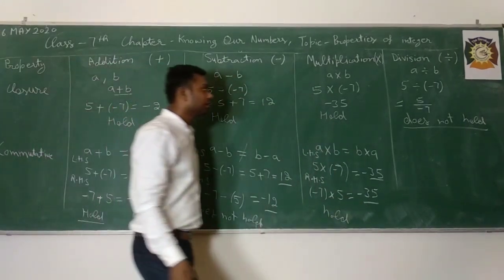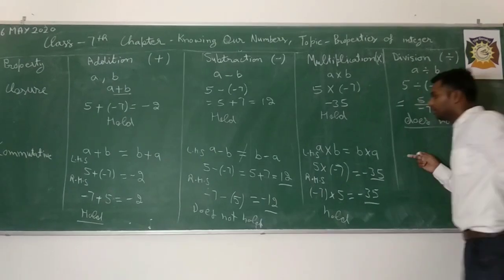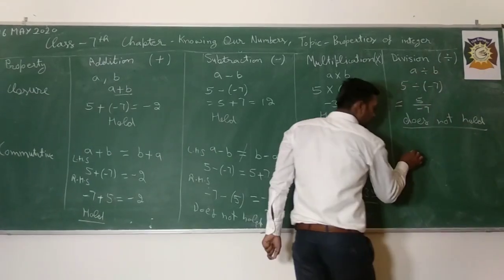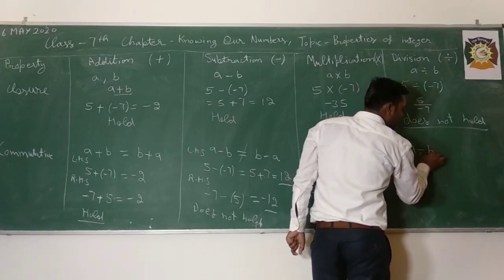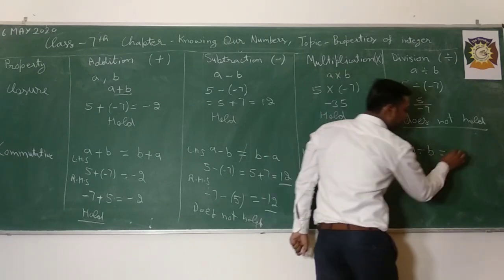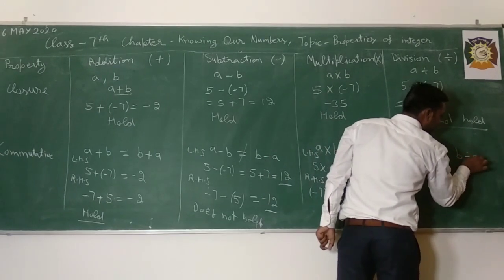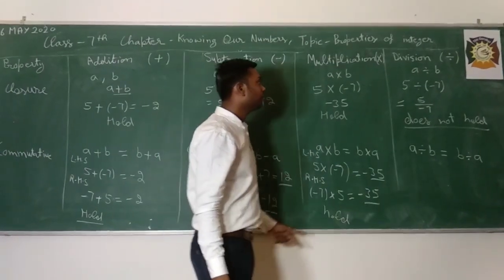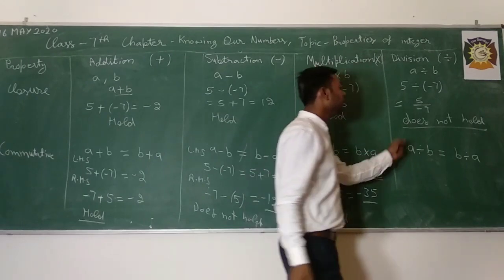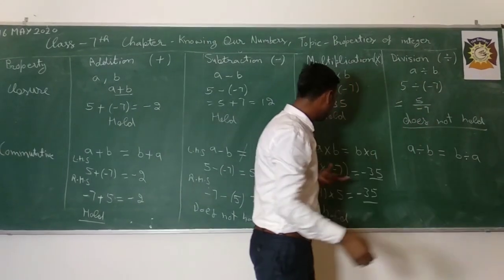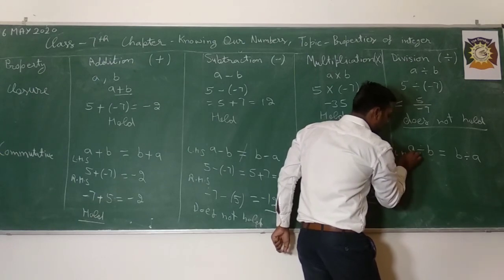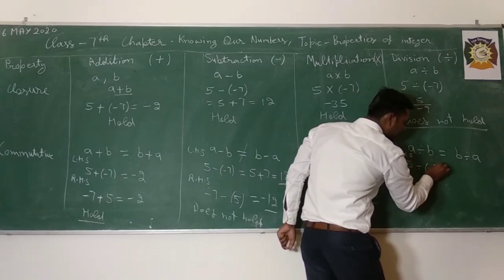And the next, in case of division, let's try if the commutative property holds or doesn't. Take A divided by B and this is the order, B divided by A. If this holds, then we say that the commutative property holds in division. Let's take this same. A equal to 5 divided by B equal to minus 7.